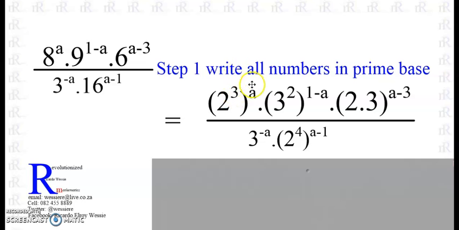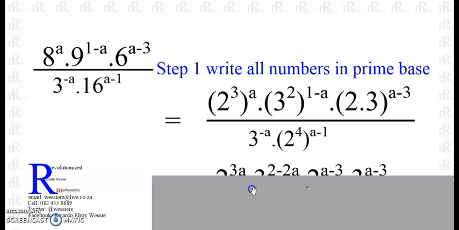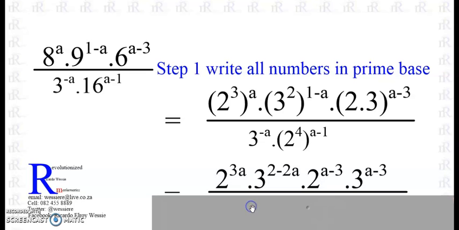So this one will be a power raised to a power, so it will be multiplied with one another. I get 2 to the power of 3a. 2 must be multiplied with 1, and it must be multiplied with negative a. So I get 3 to the power of 2 minus 2a.